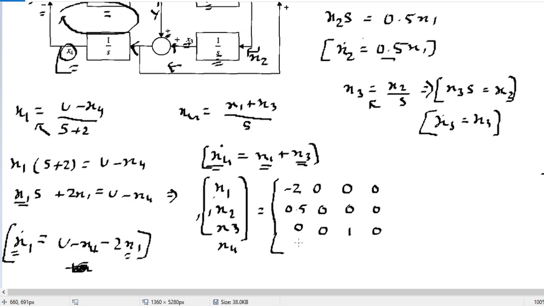So here we have to write 1, 0, 1, and x4 is 0.